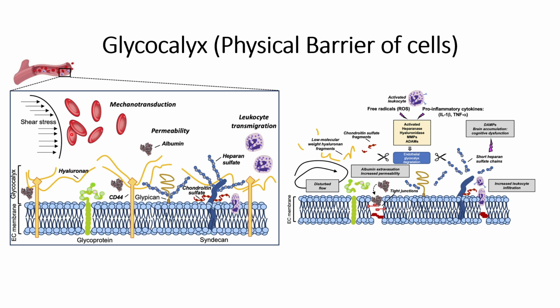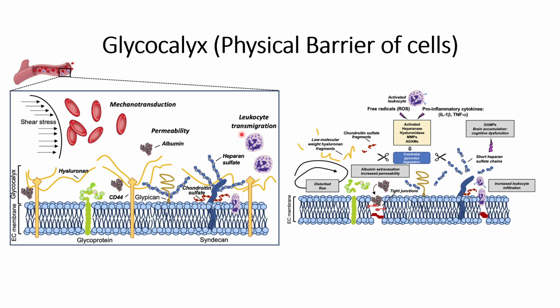Shear stress is high when the red blood cells are close to this glycocalyx layer, and that helps in coagulation at the site of the injury, where glycocalyx thickness is high, and it helps in slowing down this red blood cell flow.